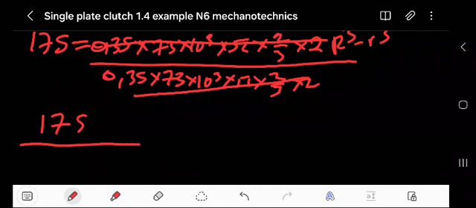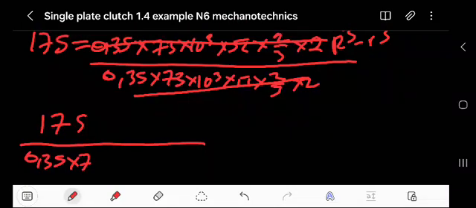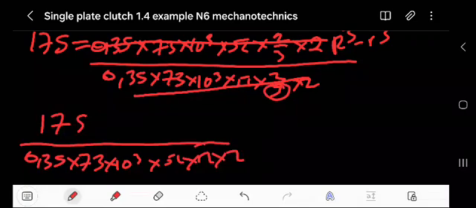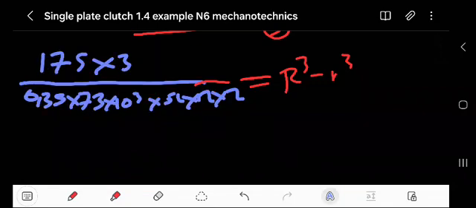Divide this 175 by 0.35 times 73 times 10 to the power of 3 multiplied by pi times 2 times 2. Because there is 3, I will multiply by this 3 at the top here. Then I will have R cubed like this. Then if I punch this on my calculator, I will have that as 0.001635.